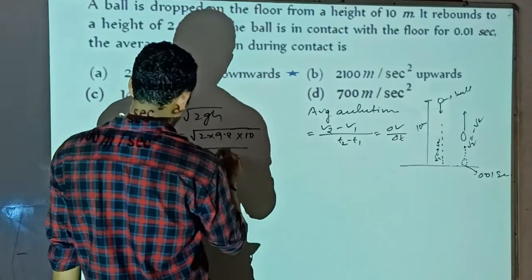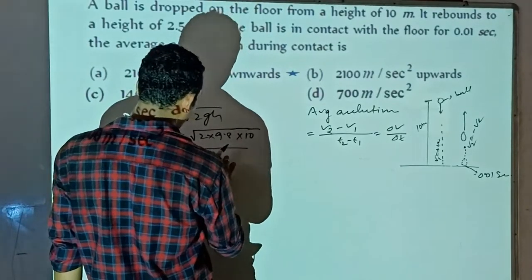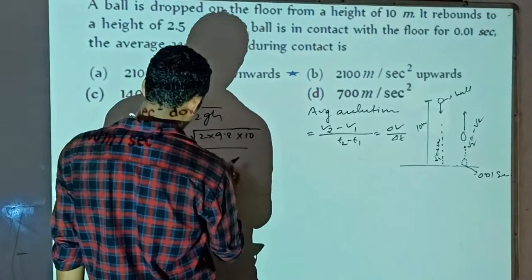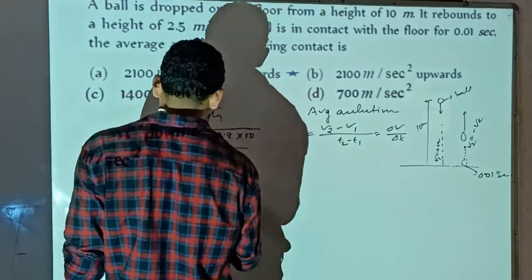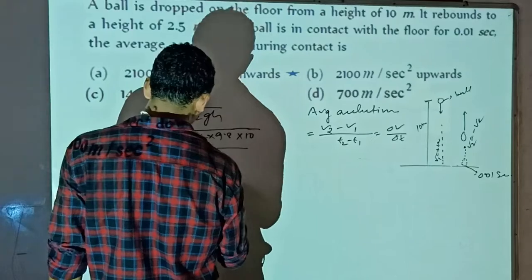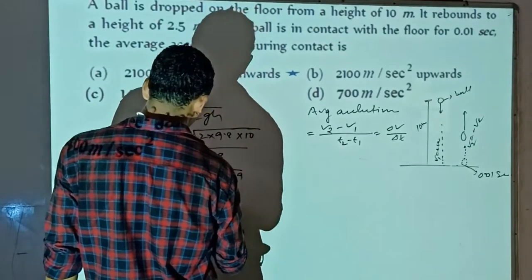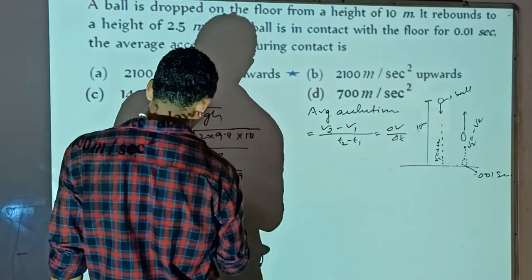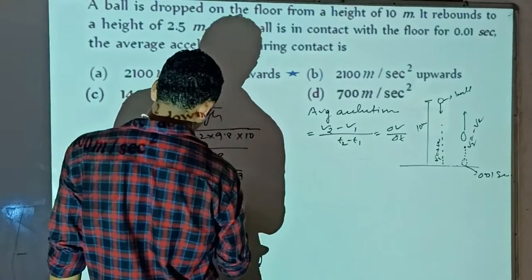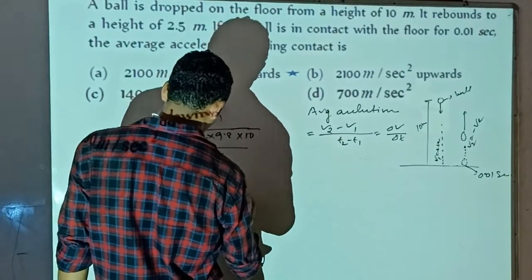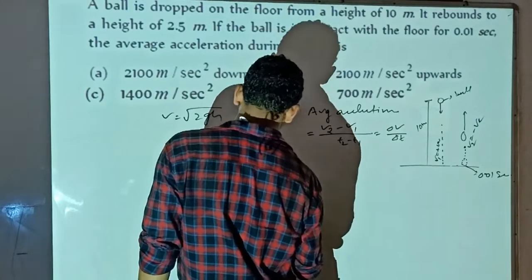Okay, so 9.8 or 10, I can take 98, that is fine. 98, or otherwise you can write 2 into 49, that is 2 square into 7 square. And 2 and 14. So your velocity is 14 meter per second.